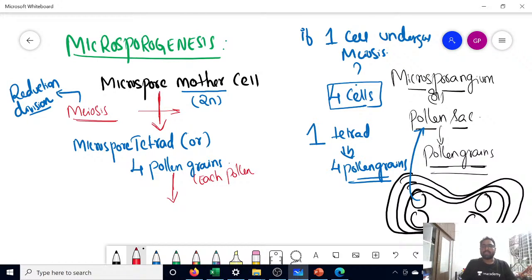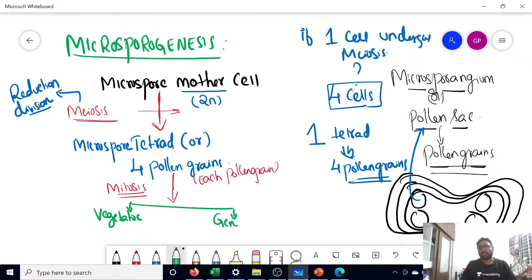Now each pollen grain undergoes mitosis. I'm talking about each microspore. Now it forms how many cells, students? Vegetative cell and generative cell. The vegetative cell does not have any role.